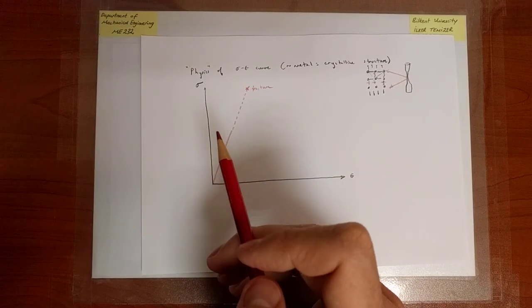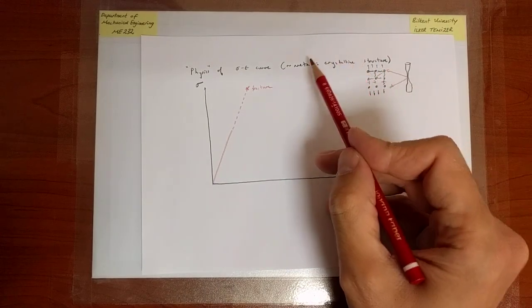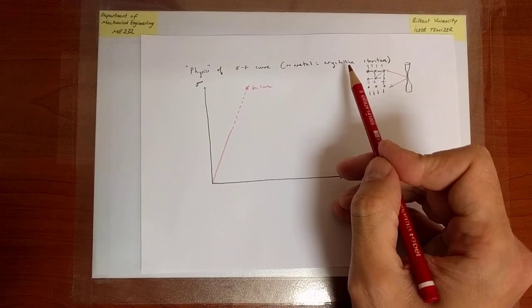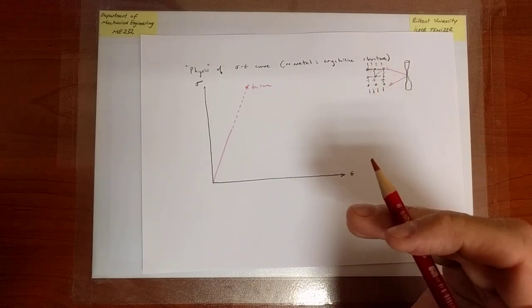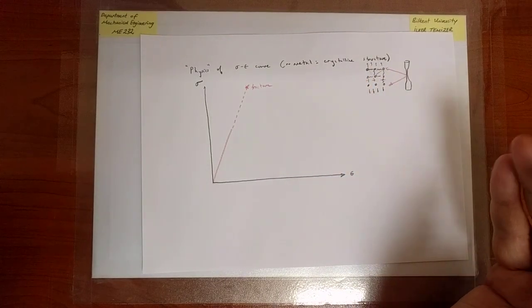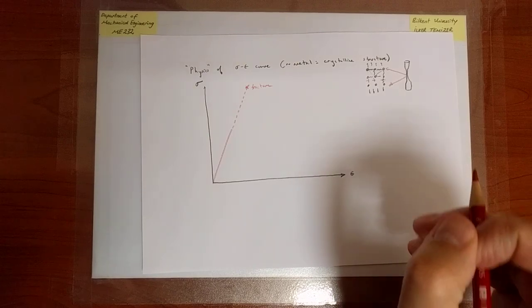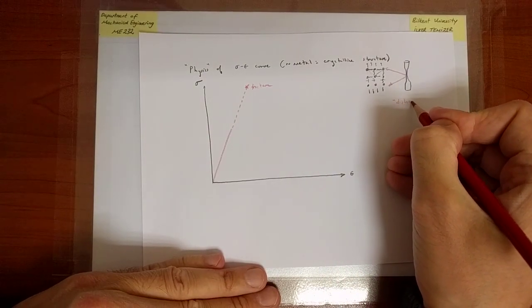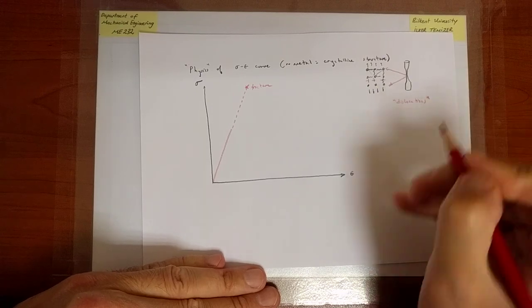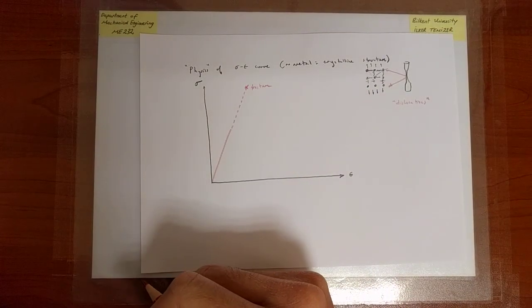Now, that is because metals indeed do have a crystalline structure, but that crystalline structure is not perfect. There are so-called imperfections, and among these, dislocations are a big game changer.